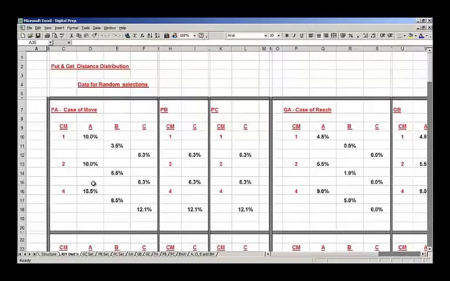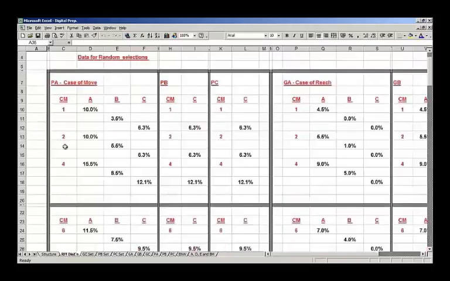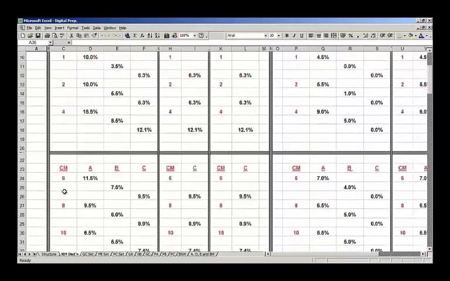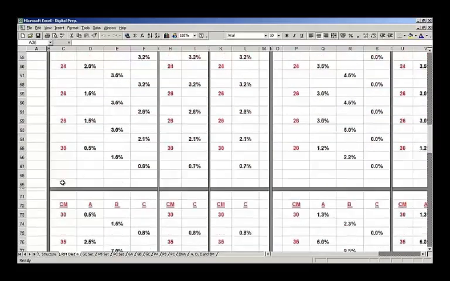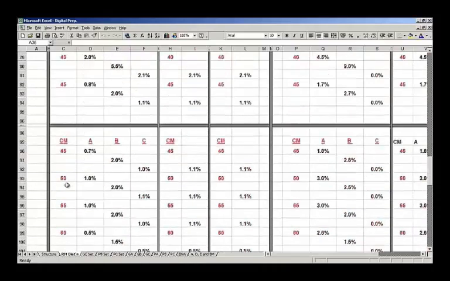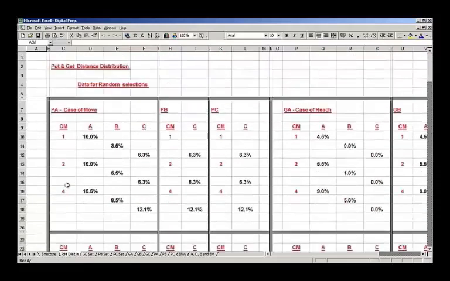This looks a little bit overwhelming when you first look at it, but when you get used to it, it's fairly straightforward. Down the left hand side you've got the distance of the move, the reach of the move. In this case the distance is 1, 2, 4, all the way up to 80, I think, 80 being the maximum distance. So that is purely the distance straight off the MTM-1 data card.